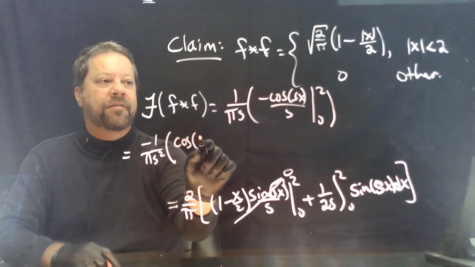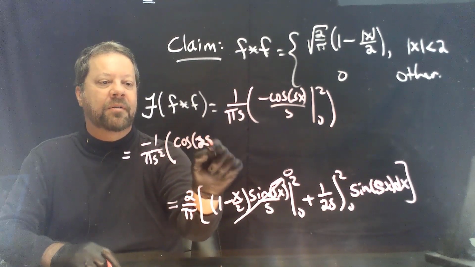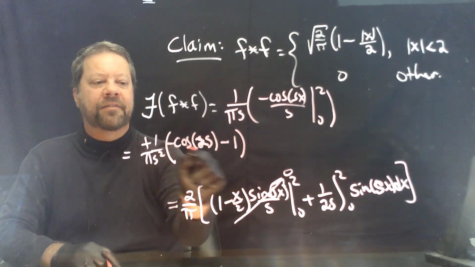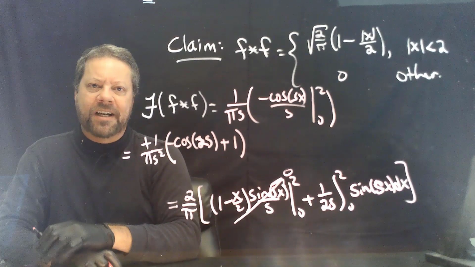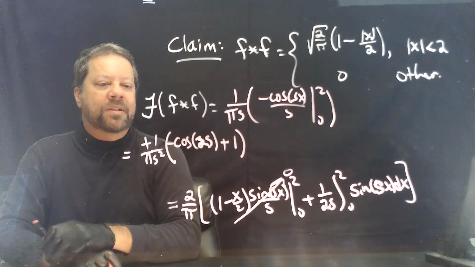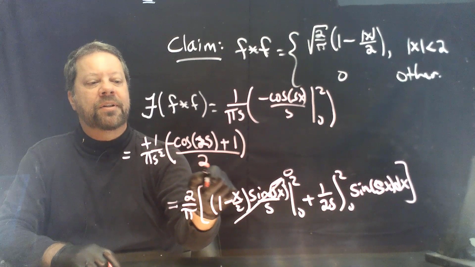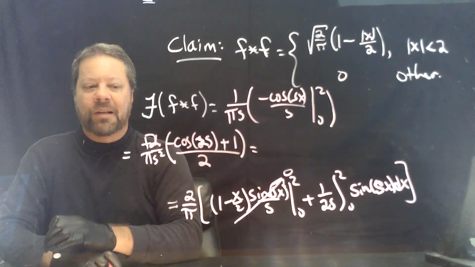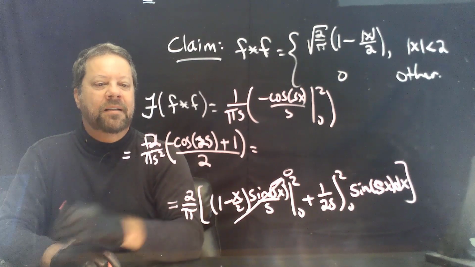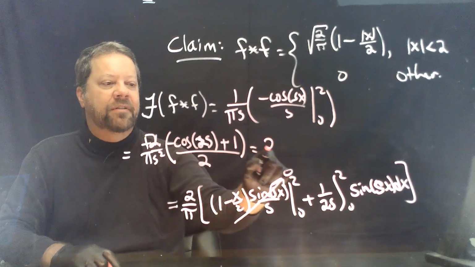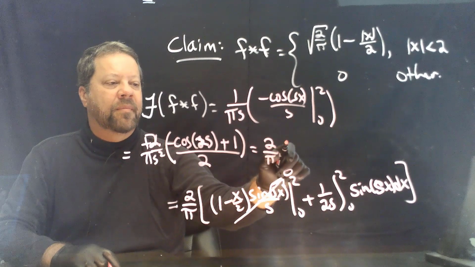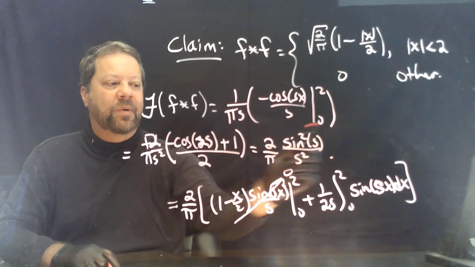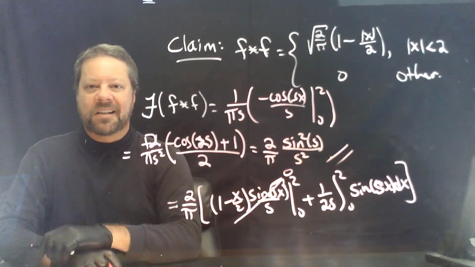We'll have cosine of 2s minus 1. If we distribute the negative, it sure looks like a half-angle identity for sine in what's left over, except we're missing the 2 in the denominator, so we will compensate by dividing by 2 and multiplying by 2. So we now have 2 over pi sine squared of s divided by s squared, and that completes the calculation.